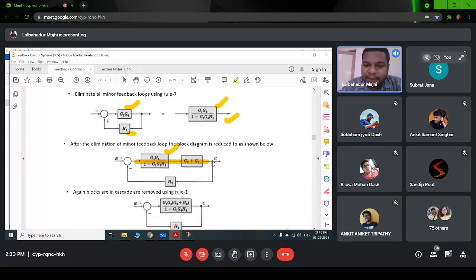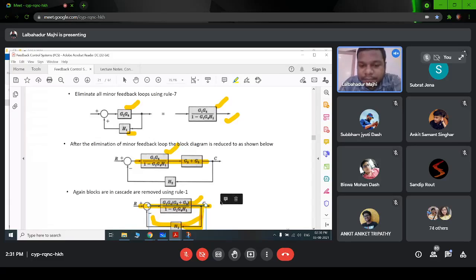Then we have to redraw again with this feedback path H2, and this is a negative feedback. So now this becomes our G, and H is H2. Then we find the overall transfer function C by R using the negative feedback formula, because the direction of the arrow from this takeoff point is opposite.